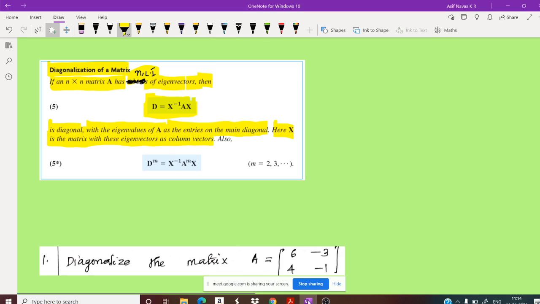For example, I am taking a 3 by 3 matrix A. A 3 by 3 matrix has three linearly independent eigenvectors.